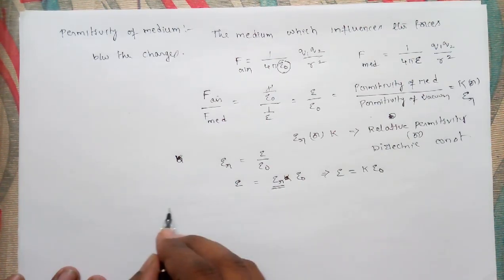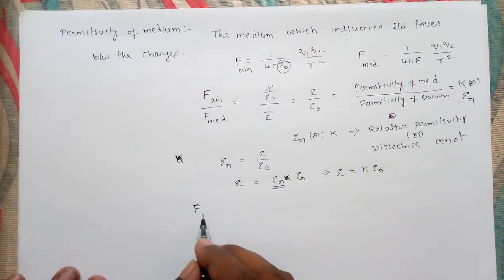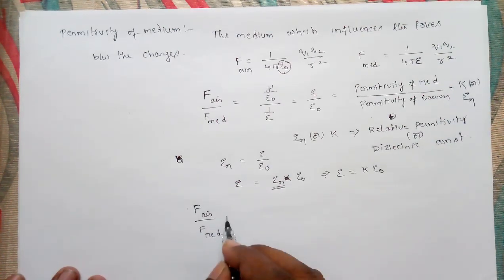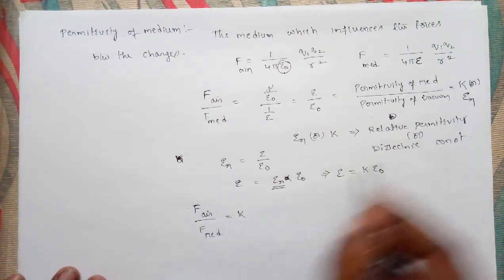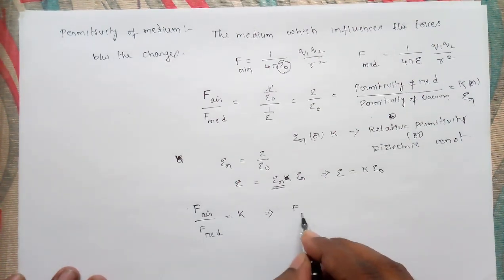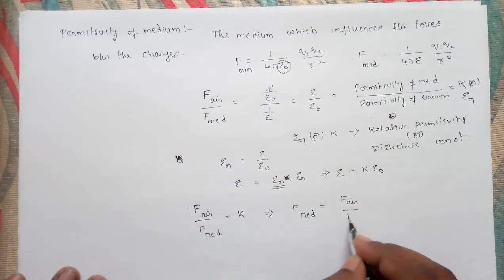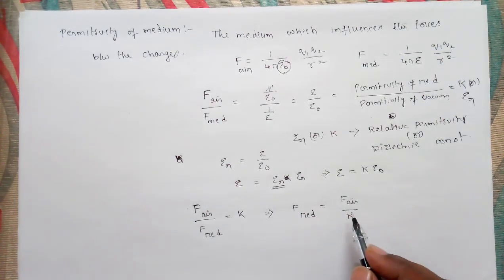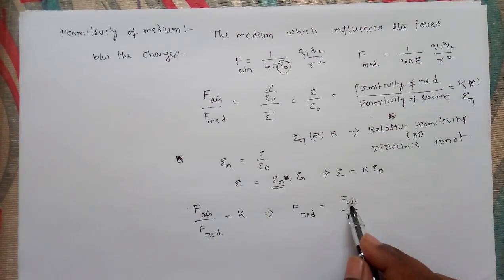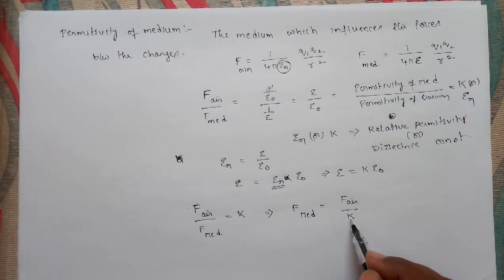So F in air to F in medium you get as the dielectric constant from this expression. Then F in medium is equal to F in air by k. It means if a medium is present between the two charges, then the force when they are present in air reduces by k times.